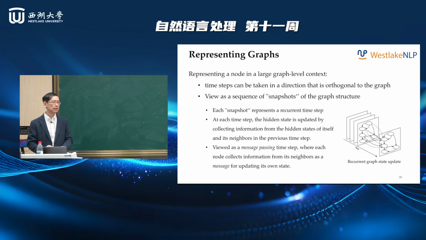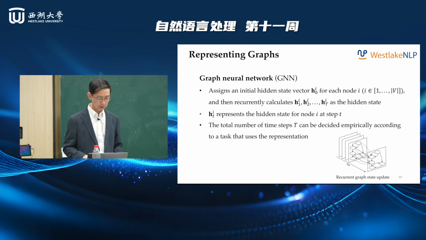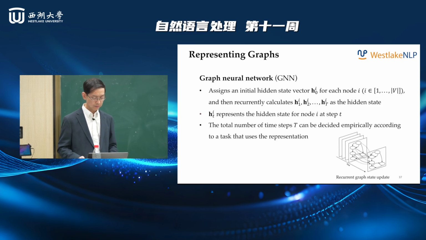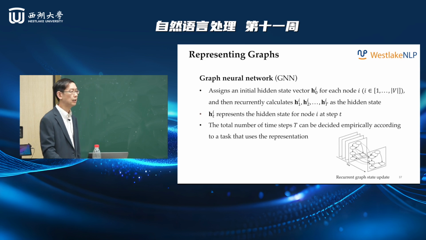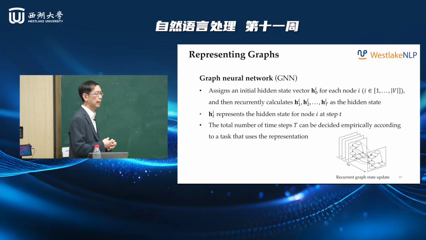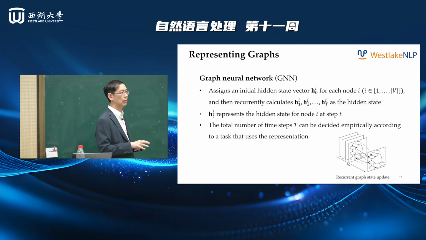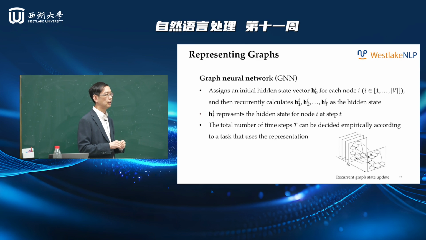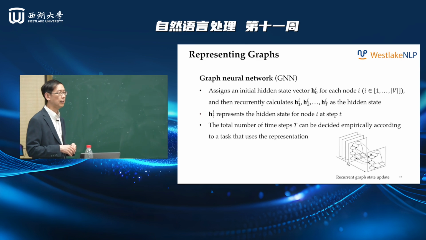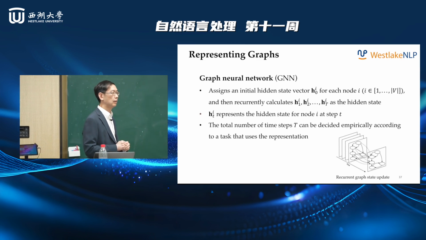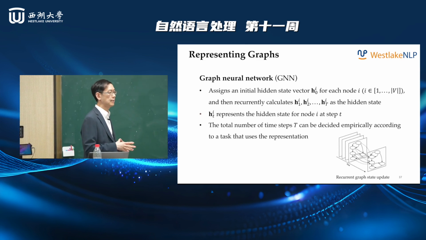So this is called message passing. We can still define the hidden state notation as h_i^t, but here i is the index of every graph node. We don't differentiate nodes by layer, but this t is the t-th iteration or t-th snapshot.